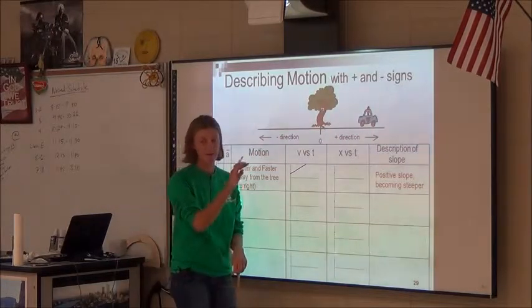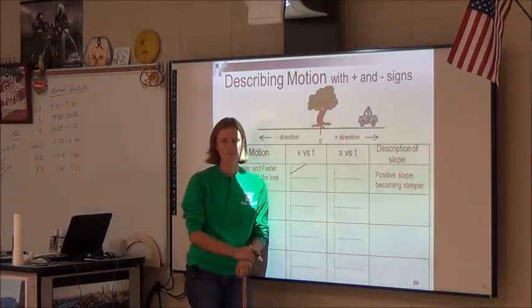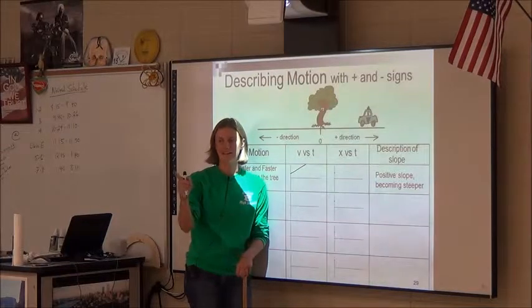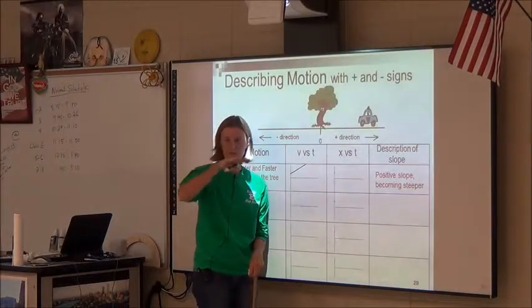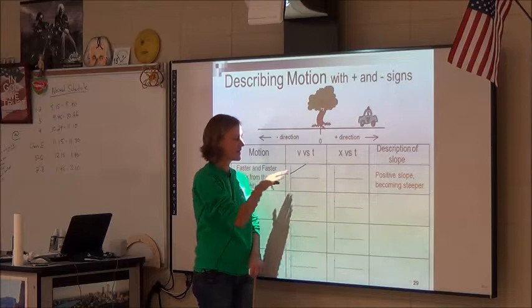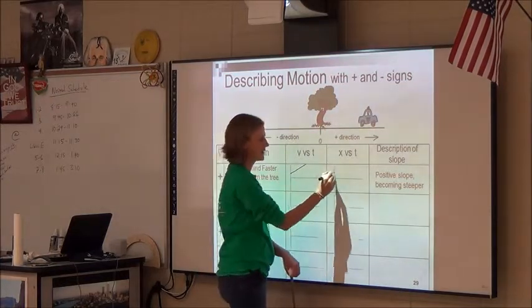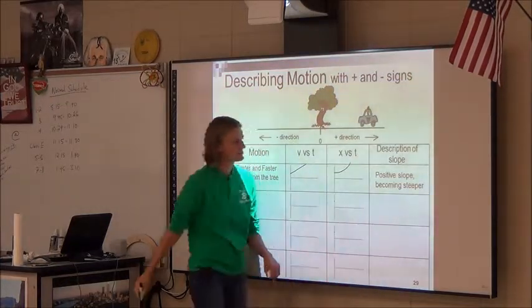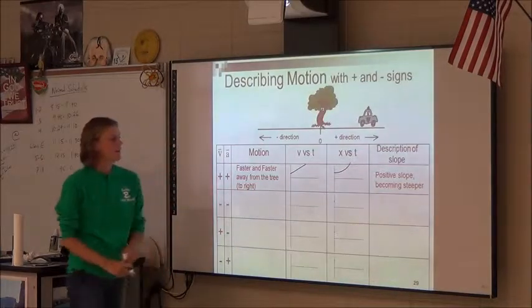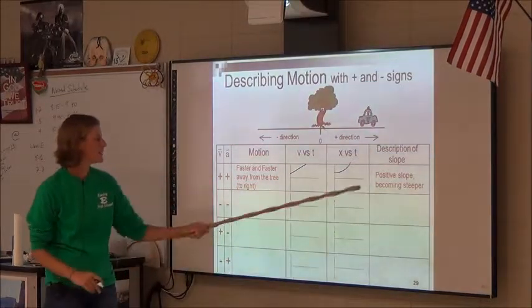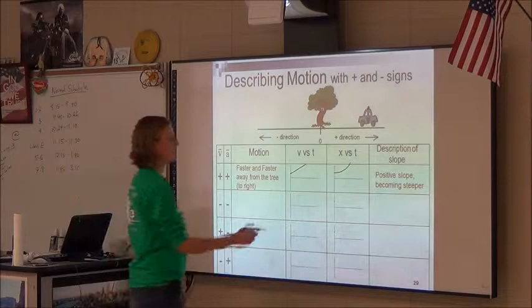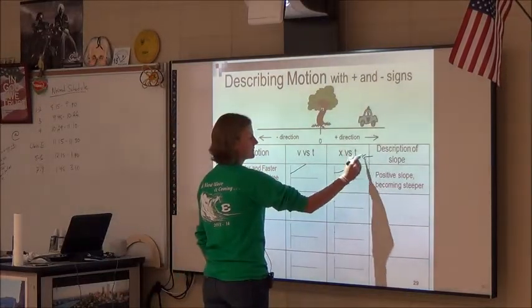It's going up, but a little more specific. It's not a line. Yeah, the slope has to be getting steeper and steeper and steeper if my velocity is increasing. So, like that. So positive slope becoming steeper. That's a description of this slope.